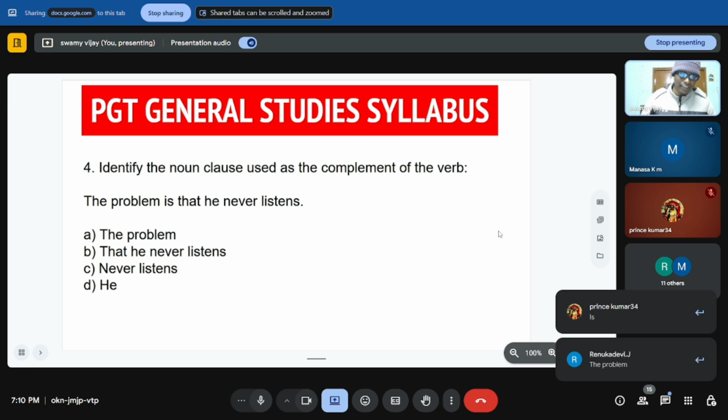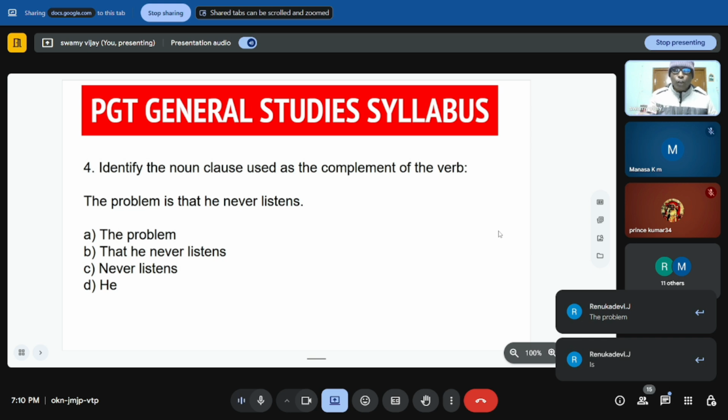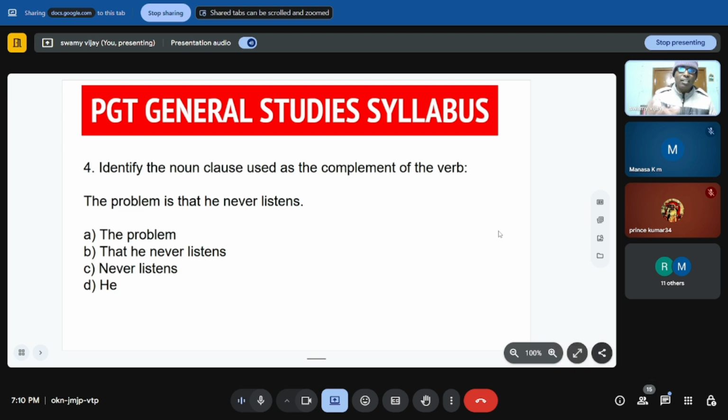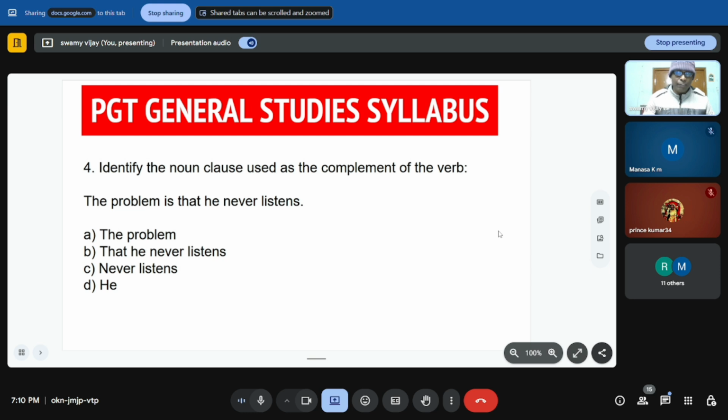The follow-up question is, the problem is that he never listens. In that, which is the verb? Then only you'll understand this noun clause is used as a complement to the verb. "Is" is the verb. So, the problem is that he never listens. "That he never listens" is a noun clause, that we understood.